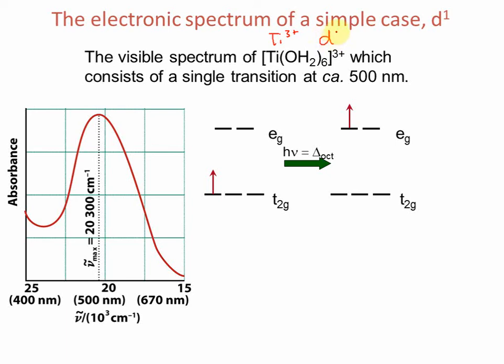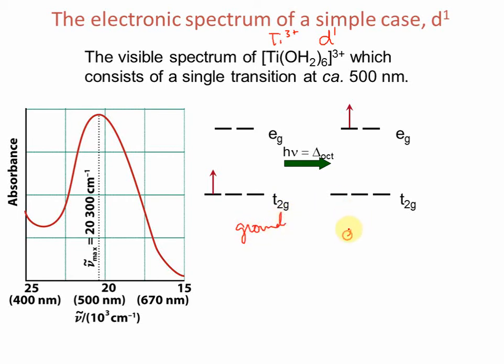And when visible light is shone on this complex, it absorbs the energy, and that energy it absorbs causes the electron to go from this ground state to this excited state. So the electron gets promoted.